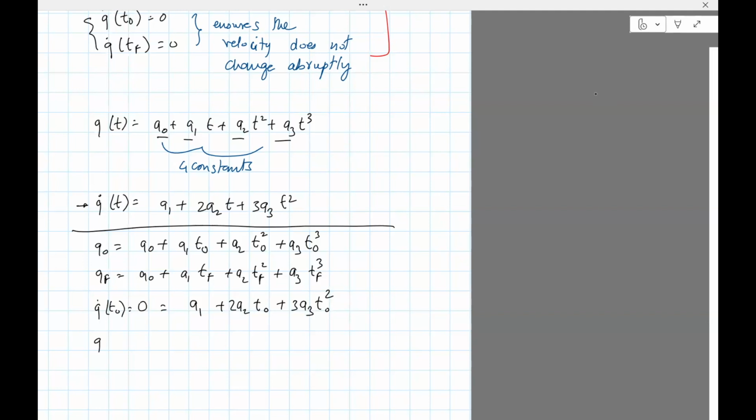And then we have q dot at tf, the velocity at the end time, which is 0, equals a1 plus 2a2 tf plus 3a3 tf square.